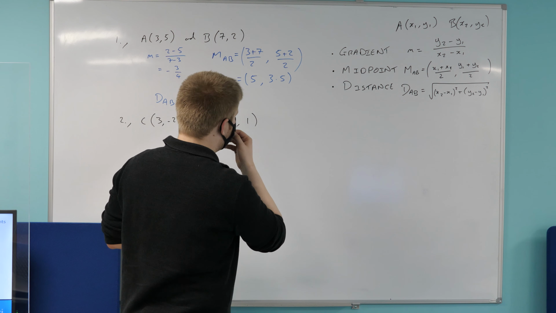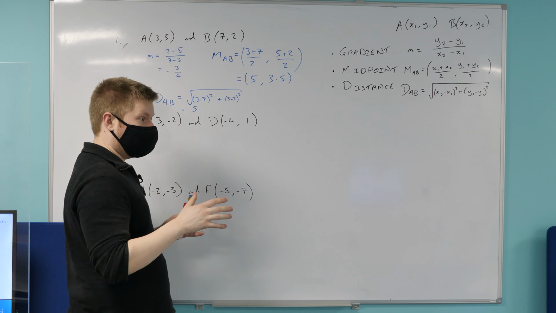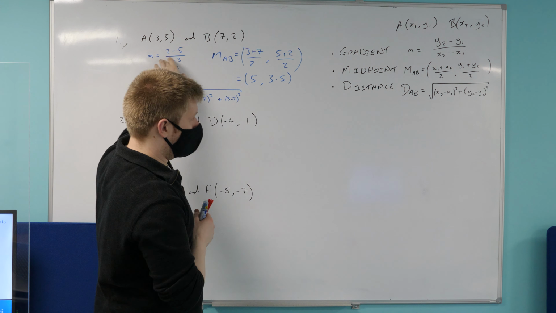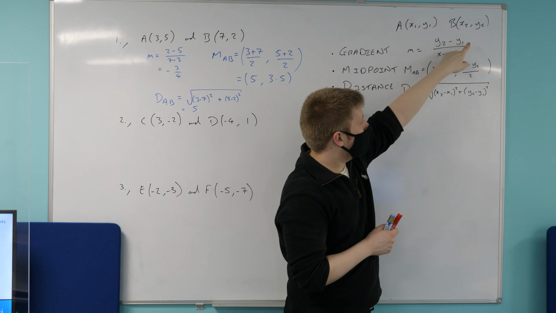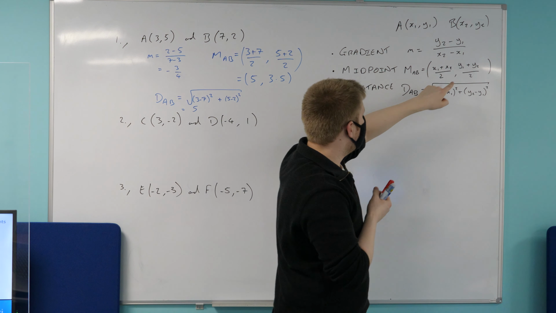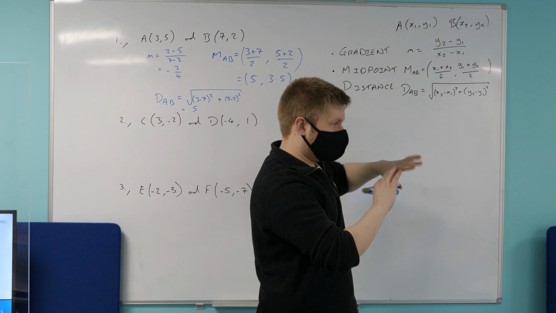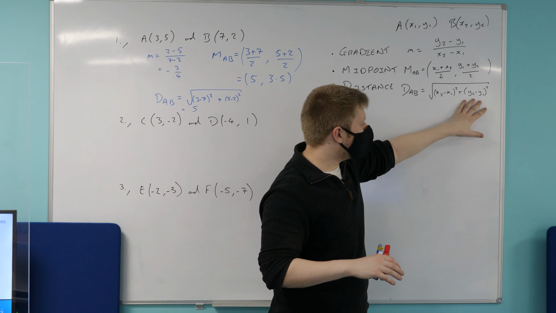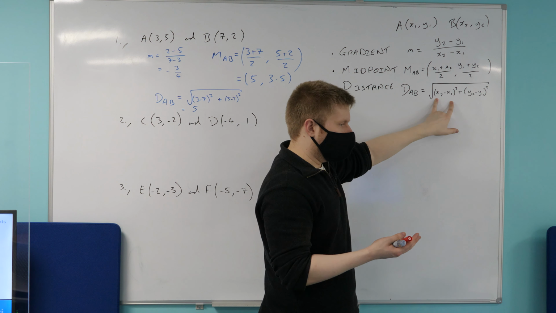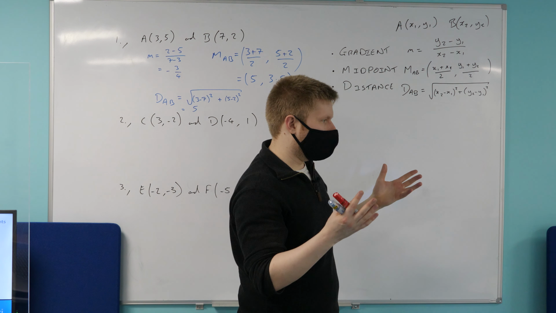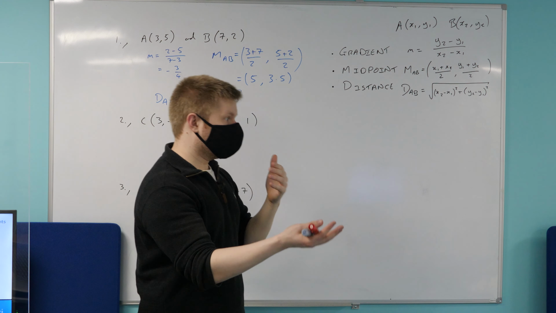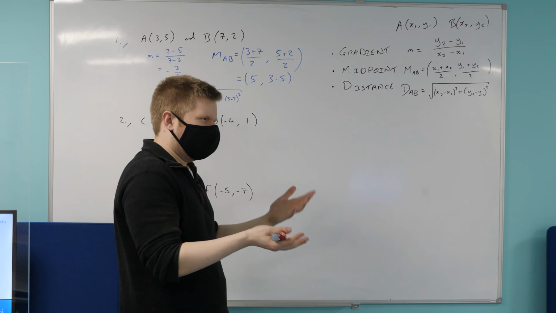I do always generally say be careful about the order, because particularly with gradient, it matters which order you come in. It needs to be y2 take away y1, so the second point first, take away the first point. Midpoint doesn't matter because you're adding them. Equally, distance: if you subtract them in the wrong order, one's going to be positive and one's going to be negative, but if you square it anyway, it doesn't matter.